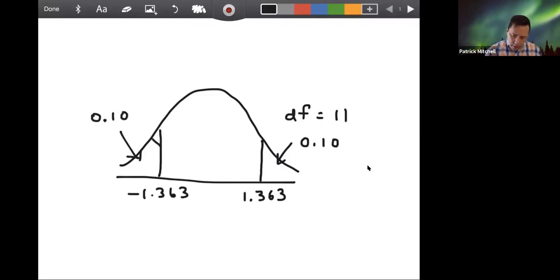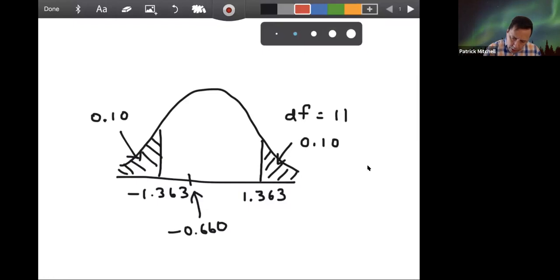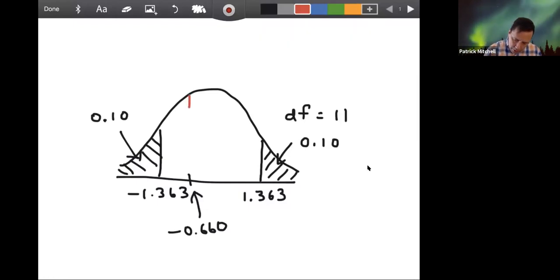Our calculated test statistic, might as well use the negative one, is negative 0.660. So our p-value would be the total combined area, not between, but out here and out here.